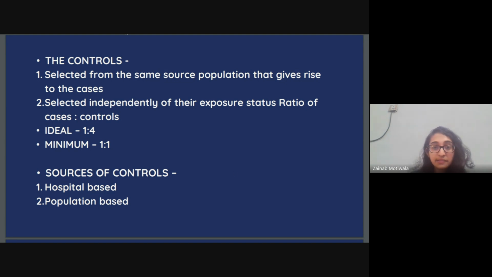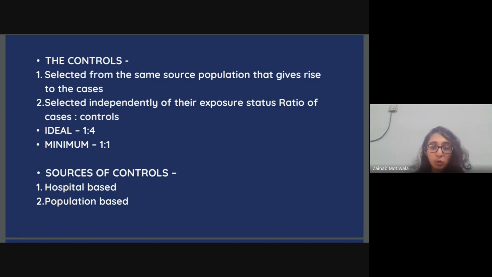At the same time, we select them independently of their exposure status, so we do not look at how many exactly were smoking versus non-smoking while choosing that population. The ideal selection ratio of cases versus controls would be 1:4, but a minimum of 1:1 is advised at all times.